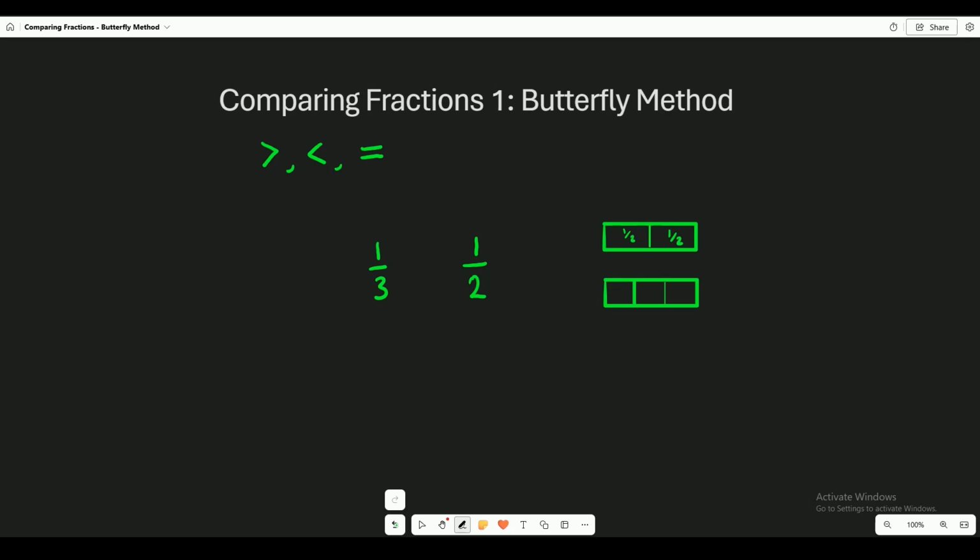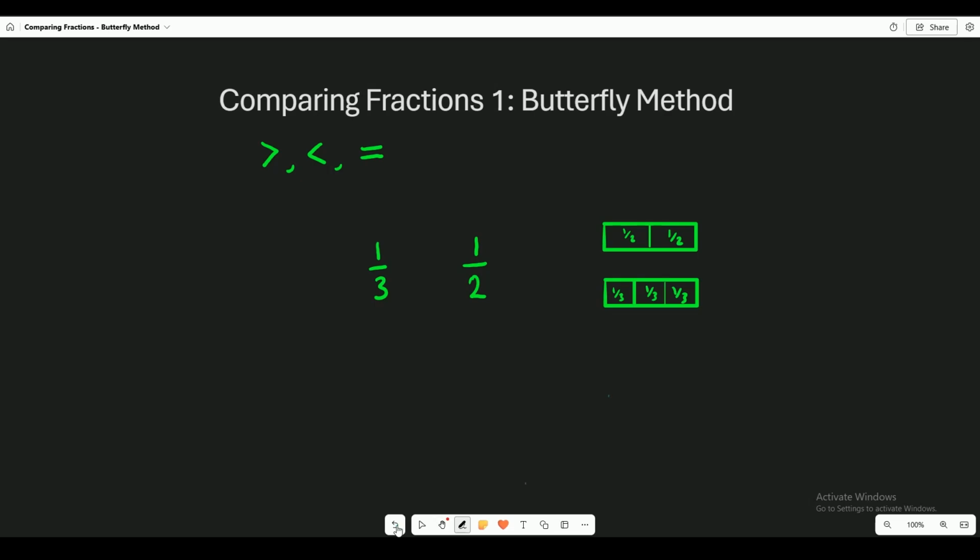It may not be exact, but it's pretty good. Each of these boxes in this bottom rectangle is 1/3. Here we can see that 1/2 is bigger than a third, greater than, because it takes up more of the rectangle. That's just a visual representation.